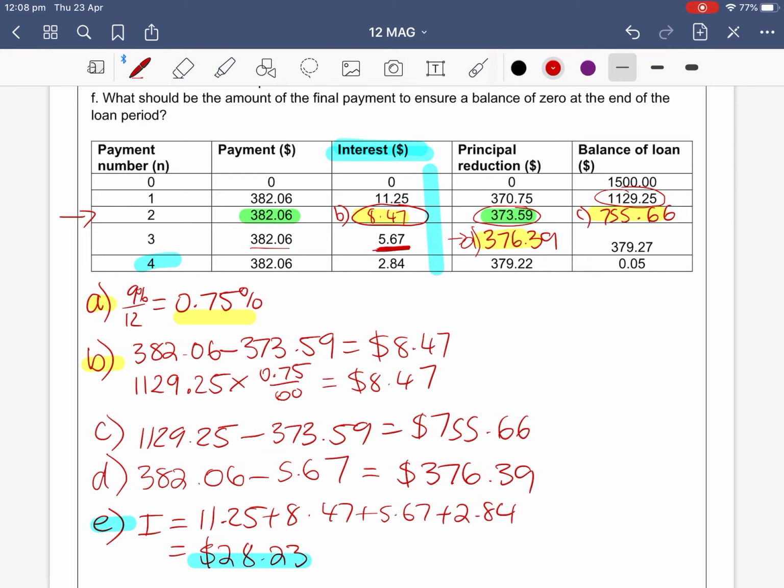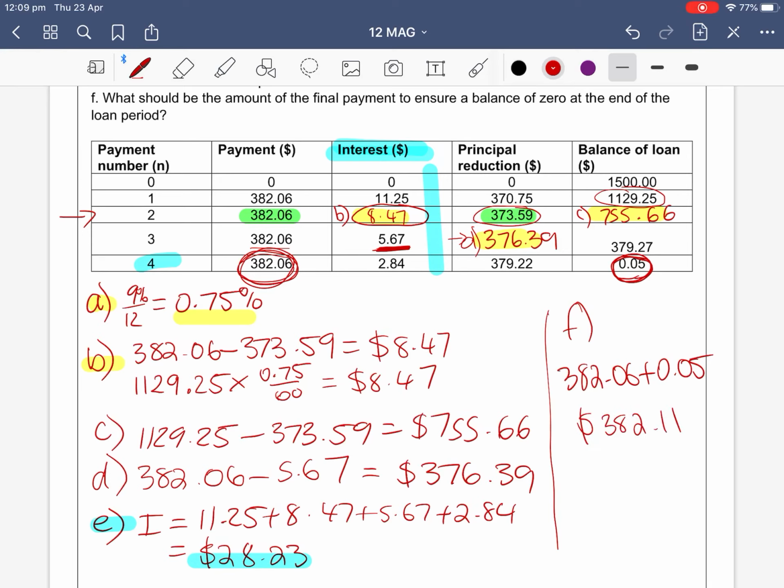And finally, our final part of the question is F. What should the amount of the final payment be to ensure a balance of 0 at the end of the loan period? Well, guys, in this case, and I'm just going to go over here, F, rather than having an outstanding balance of 5 cents at the end of the loan, what we should do is rather than paying $382.06, we should pay $382.06 plus that 5 cents.